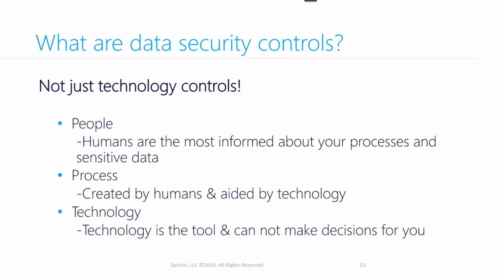So technology can't make those decisions for you. What does that mean? You can't simply pick up the phone, send an email, and ask, okay, I need a tool that is going to stop this type of information from leaving my organization. I need a tool that's going to discover this type of information for me. You have to be able to define what the sensitive data types are that are important to you, why they're important to you, and how you apply the different controls.